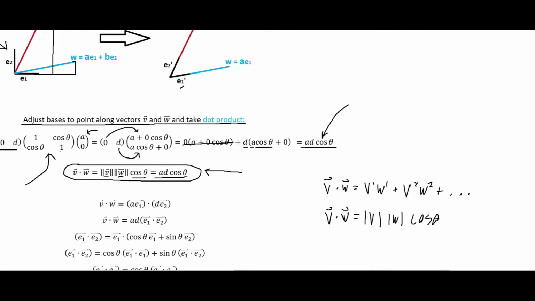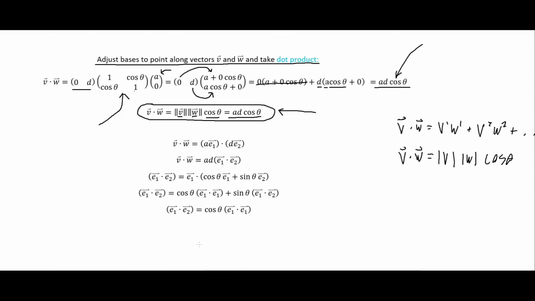And so we can actually see in that bilinear form here where our v dot w is this a, so this component of v times the E1 dot our component of d times the E2. We pull the components out because this is linear. We have our ad times our E1 dot E2.